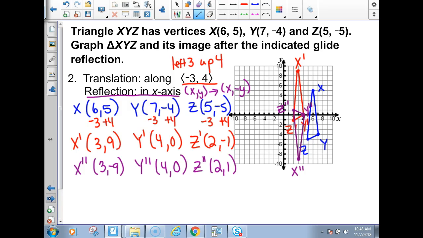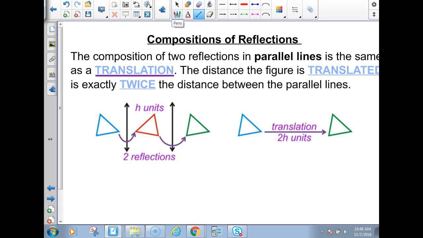Okay, now we're going back over composition of reflections. Everybody good? All right. We already discussed this, just another picture that we had already looked at in our ISN. So, the composition of two reflections in parallel lines is the same as a translation.